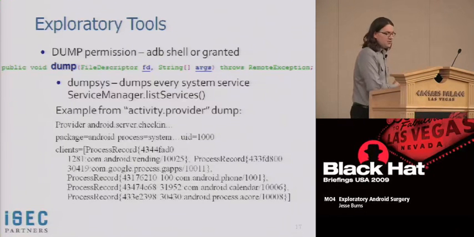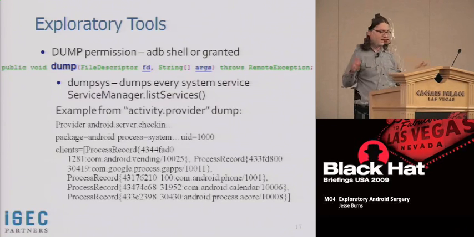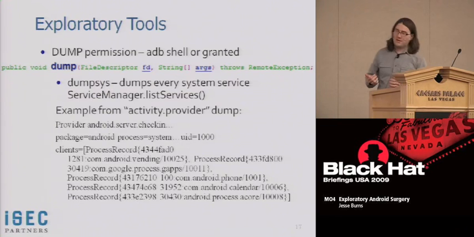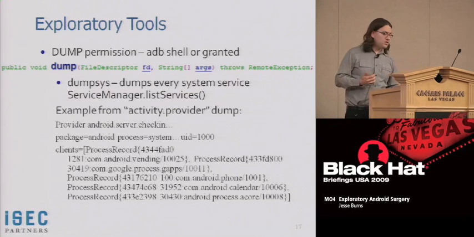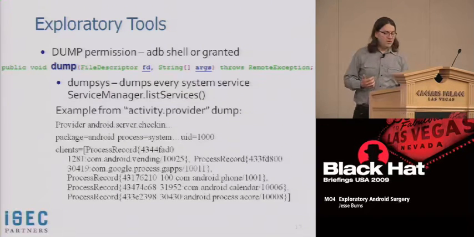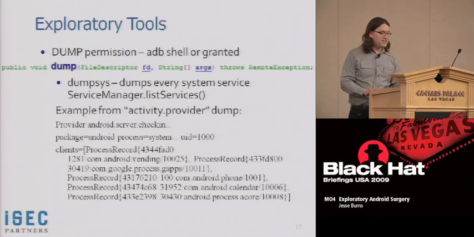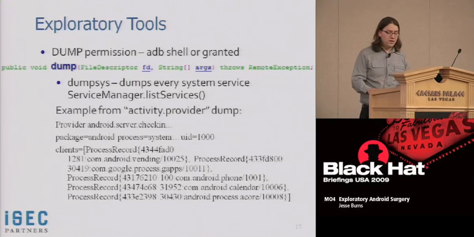And here's an example extracted from the activity provider dump on a G1. The G1 is a Google Experience device, and the Android server checkin package relates to the update system. So you can see from the dump that the clients of the checkin provider include com.android.vending, which is the Google Market, com.google.process.gapps, some Google Apps stuff, com.android.phone, the phone, com.android.calendar, which is the calendar, which, why does it need to talk to the update system?